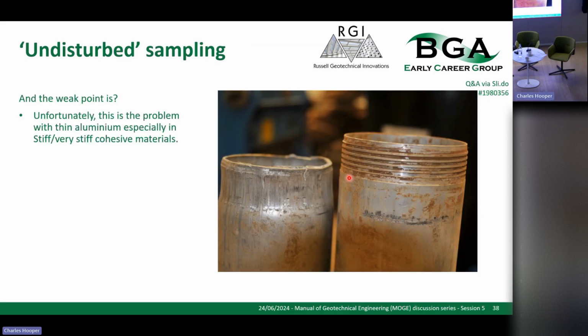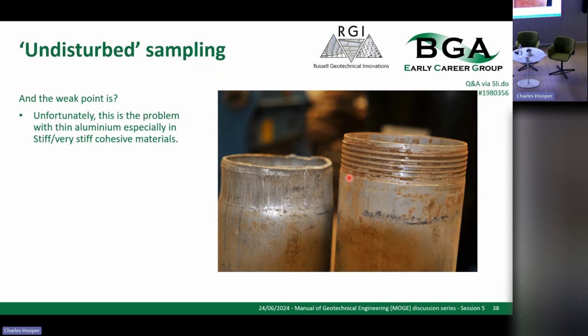Now, the problem with the UT100 is that, because the tube is a lot thinner and because of the coarseness of the thread, it has a severe structural weakness. You can see the tube on the left, that was a UT100, and that is where they usually fail. It's where the driller, especially if sampling in stiff or very stiff materials, has to withdraw the tube out of the ground.